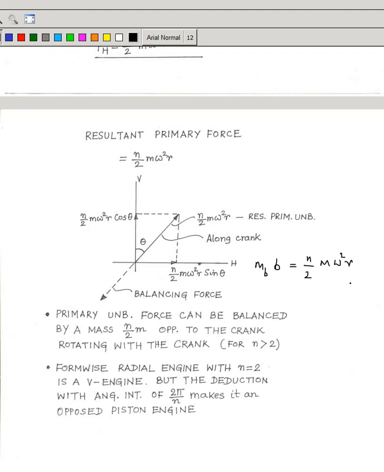And only when b is equal to r is mb equal to n by 2 m; otherwise it will not be equal to n by 2 m.